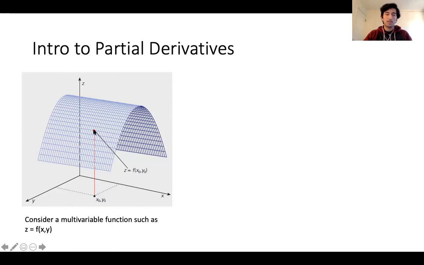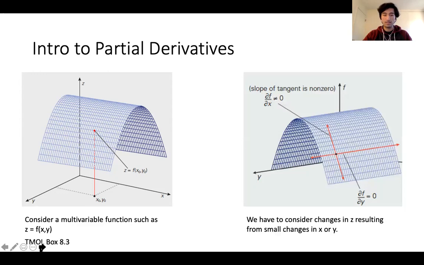For example, you can't really take the slope at a particular point because there are two variables influencing it. This is where the notion of a partial derivative comes into play, because what we can do is freeze every other variable except one, and then see how changing that one variable will influence z. And I think box 8.3 in your book does a good job of showing this.